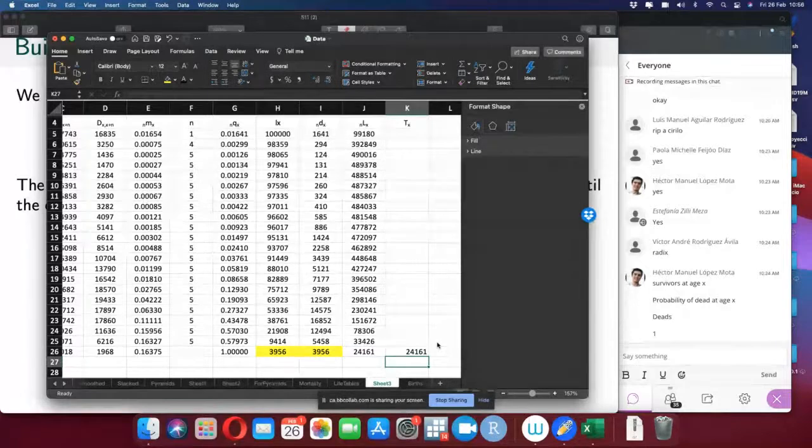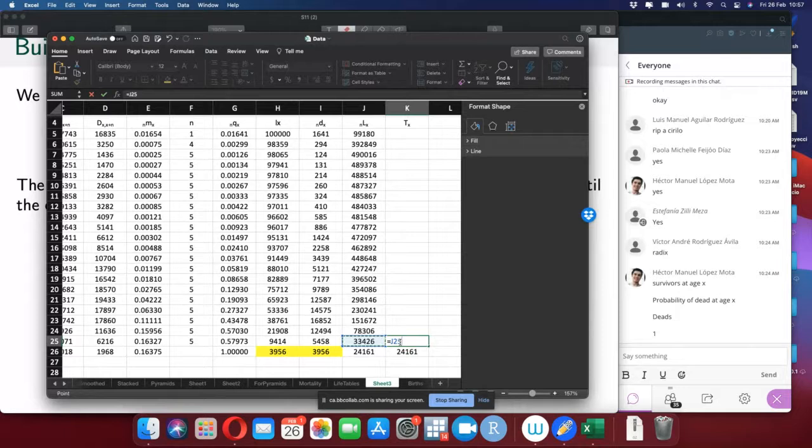So these are the person years these survivors are going to live until the extinction of the population. So the last one is easy. The previous one is okay: this many years plus what I already have accumulated, or what I am expecting to live if I survive to the following age group. And for this one, this plus what I have in the following cell.